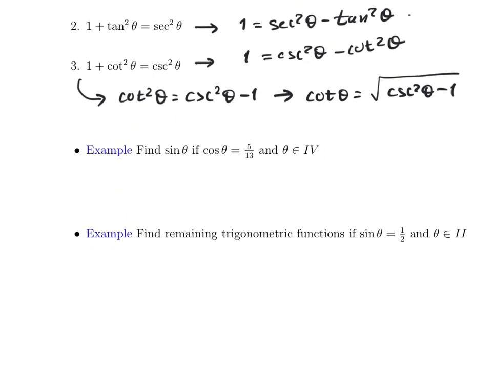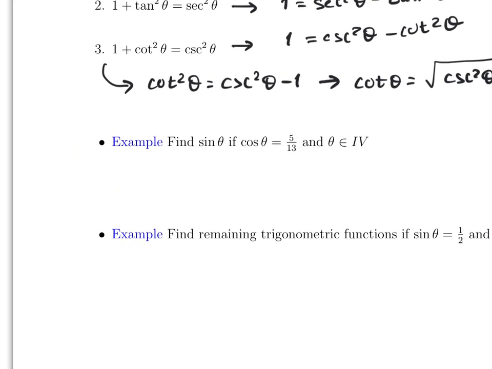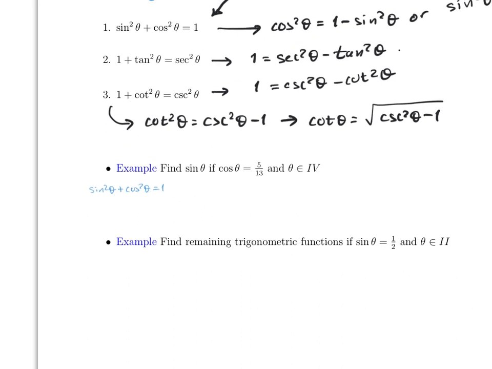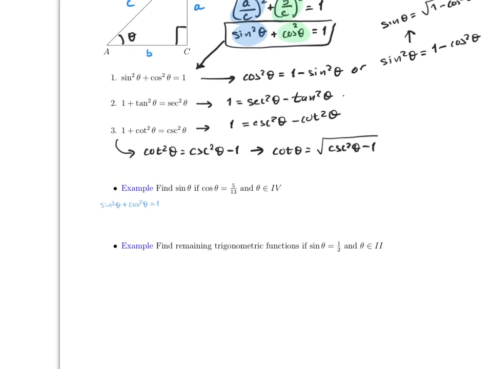So for example, here, we already know that sine squared plus cosine squared equals 1, which is this identity right here. Now, since you want sine, remember that this was equivalent to this, okay? So therefore, you just had to rewrite it that way.